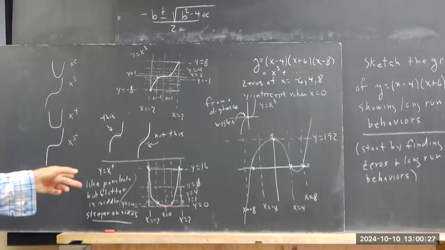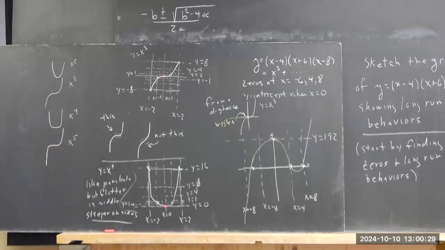Eventually, it's almost like you draw a right angle. But you're unlikely to encounter polynomial functions of degree more than 5 unless somebody's trying to trick you. They occur, but there we have it. That makes sense.